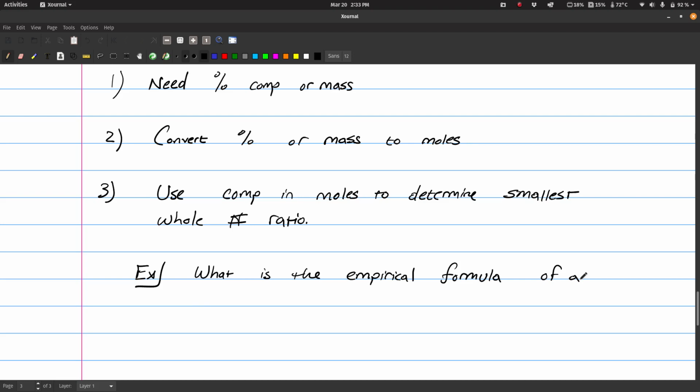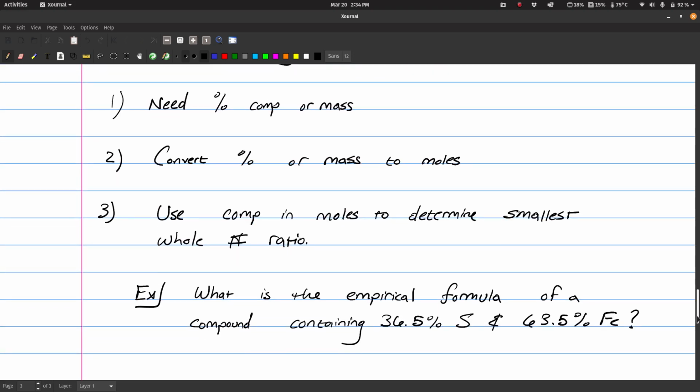Of a compound containing 36.5% sulfur and 63.5% iron. Okay, so this looks pretty complicated, but it's really not.